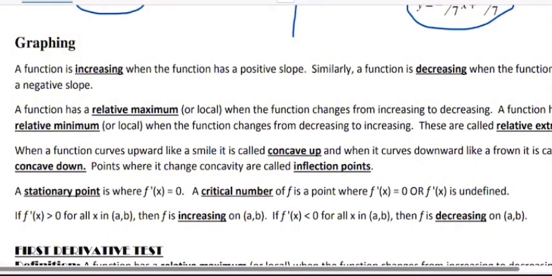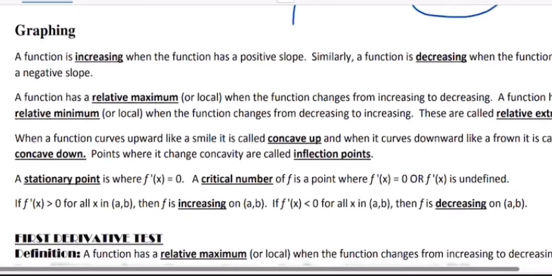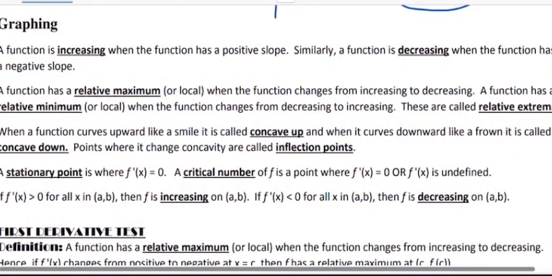Relative maximum means the function changes from increasing to decreasing. Initially it started increasing, and it gets to a point where it changes direction to decreasing. We call that a relative maximum. And the relative minimum, on the other hand, is when it changes from decreasing to increasing. The combination of those we call relative extrema.